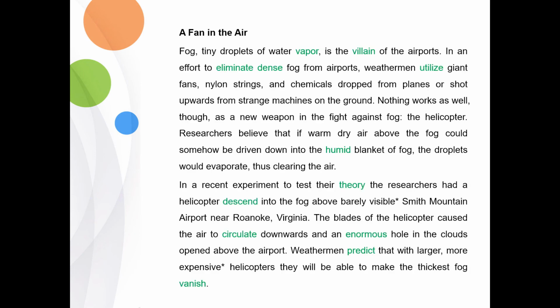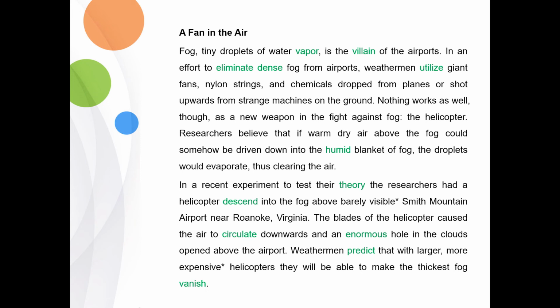Words in use: a fan in the air. Fog, tiny droplets of water vapor, is the villain of the airports. In an effort to eliminate dense fog from airports, weathermen utilize giant fans, nylon strings, and chemical dropped from planes or shot upward from a strange machine on the ground.